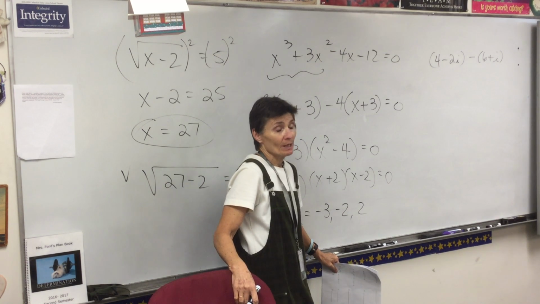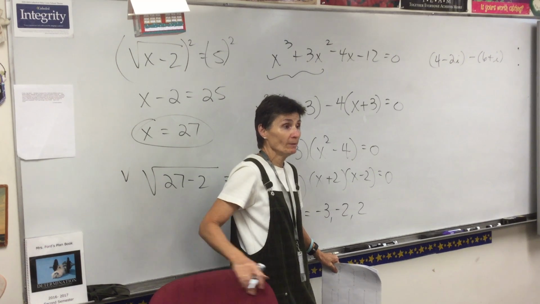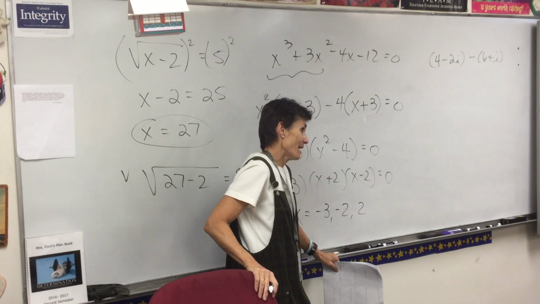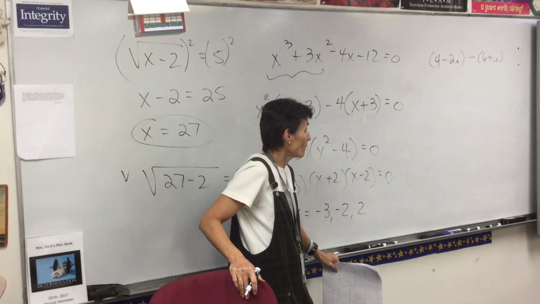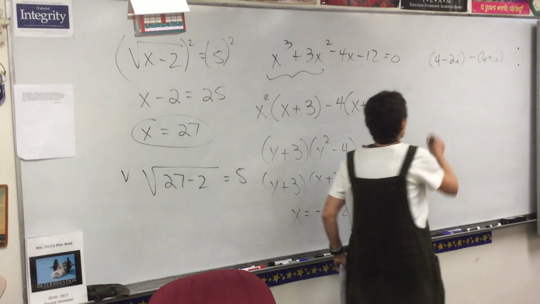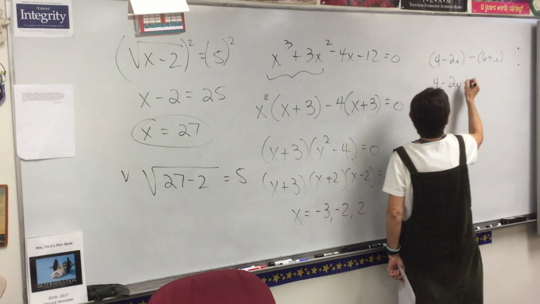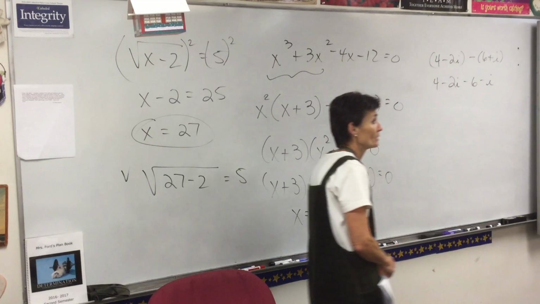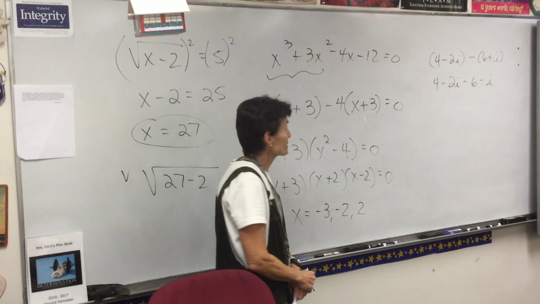All right, here we go. How do we simplify this? Do we FOIL? Please don't. There's a minus sign in between those parentheses, so I'm going to subtract. So I'm going to distribute the negative, and now I'm simply going to collect like terms.